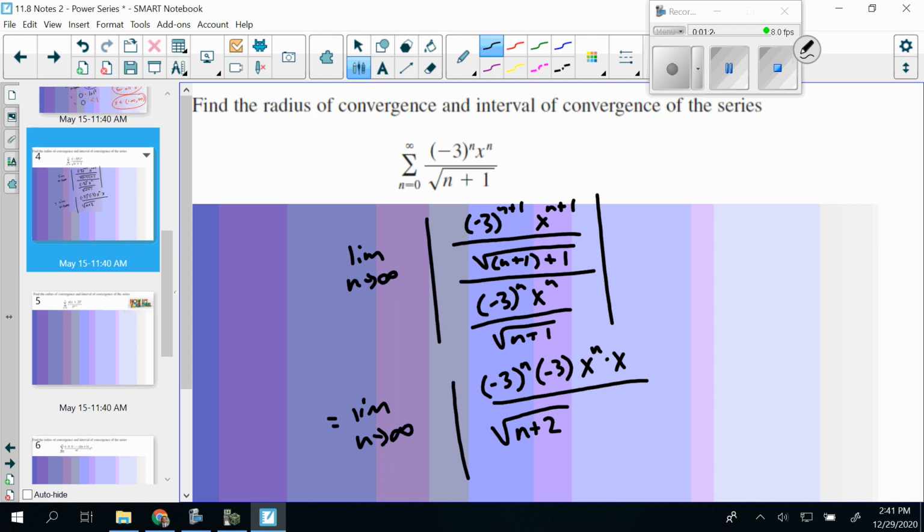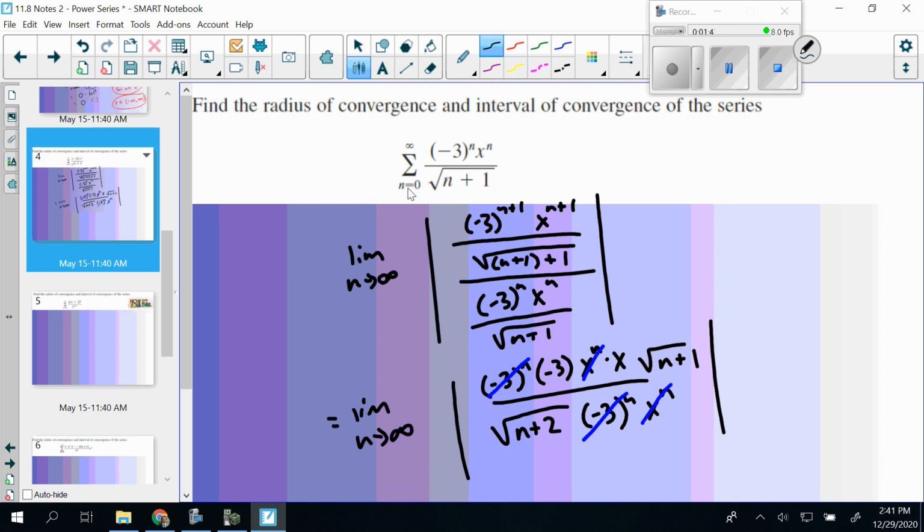Then let's also multiply by the reciprocal of that denominator, so this is going to be the square root of n plus 1 here, and on the bottom we've got this and this. So what's going to cancel here? These should cancel. These should cancel. And I think that's it.